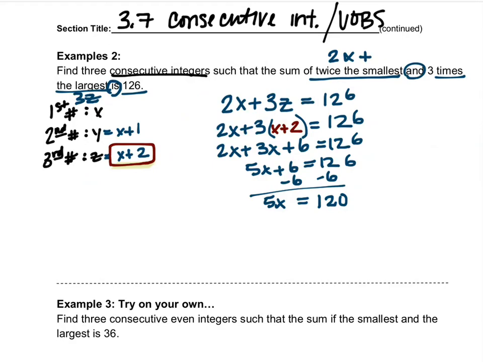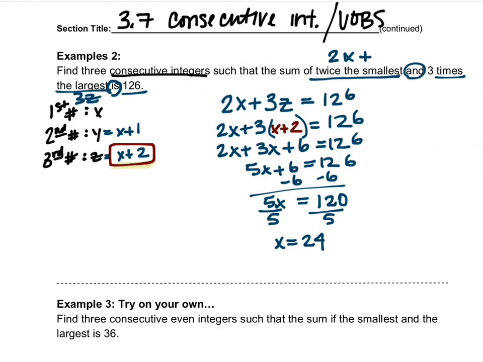It looks like I accidentally erased the 6. So again, twice the smallest plus 3 times the largest is equal to 126. Glad we found that quick error. And we're going to go ahead and divide by 5 on both sides and find out that x is equal to 24.